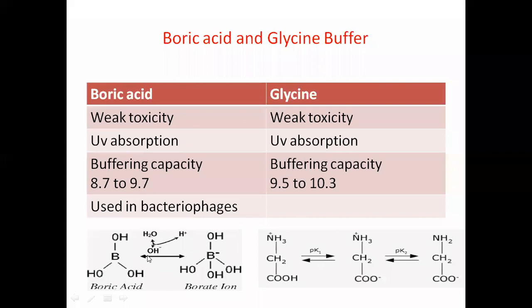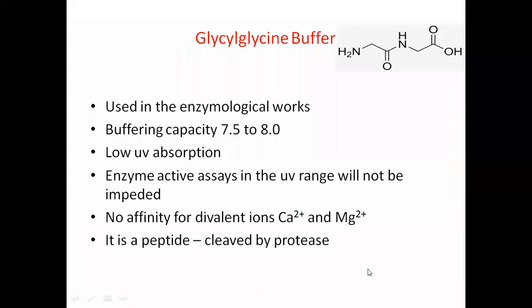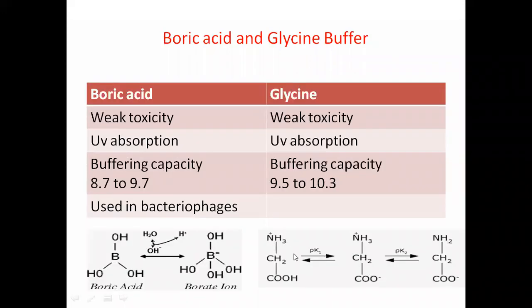It is this equilibrium that maintains the pH of the boric acid buffer. But the glycine buffer is able to maintain pH in a wider range. It is because it is able to maintain pH in two different stages, or in two different pKa values.